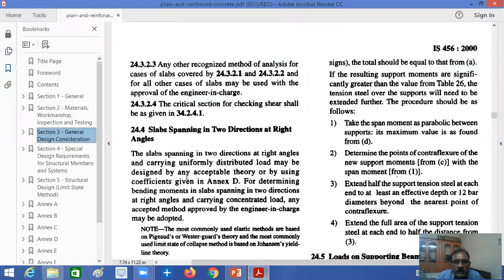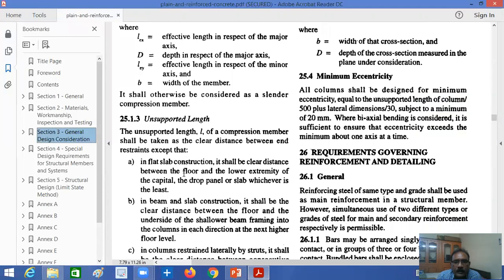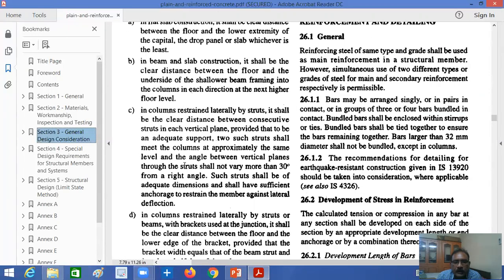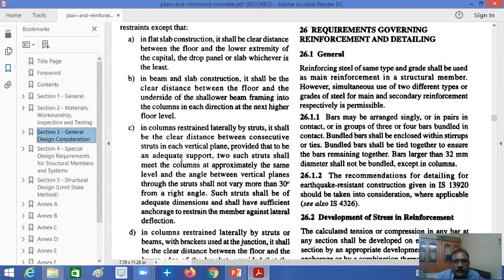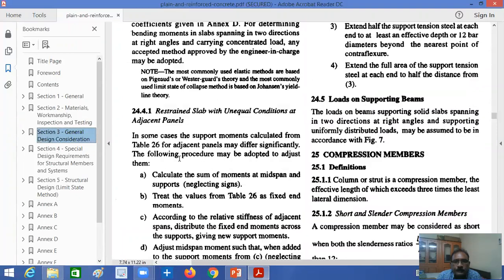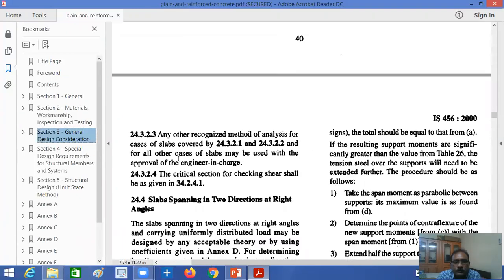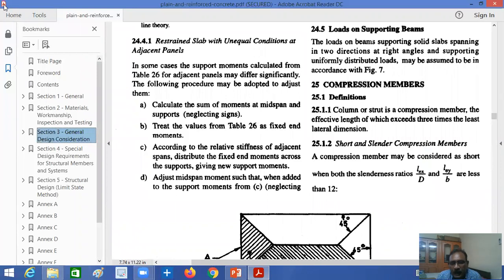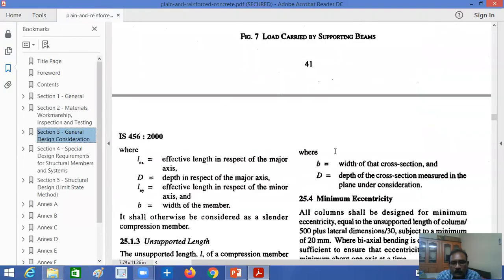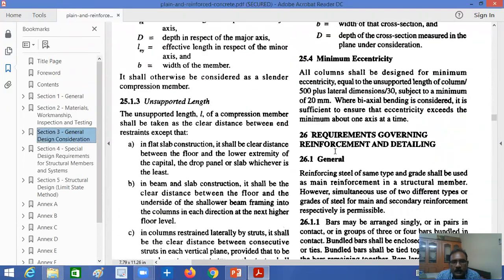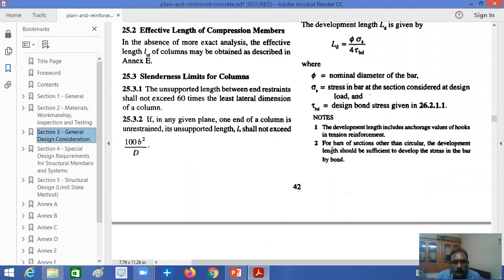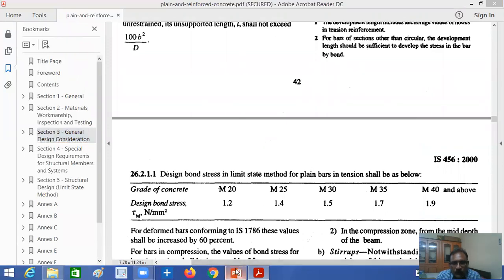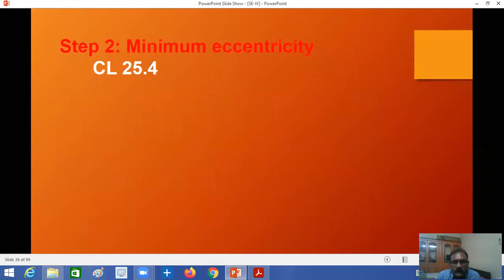You should know this very well, and you have to use it frequently and regularly. As per 25.12, it is a short column. This is how you have to take the design of columns.